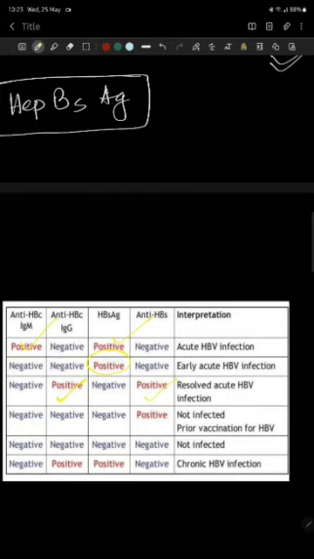IgM is only for acute hepatitis B virus infection. So the IgG is for resolved acute hepatitis B infection.